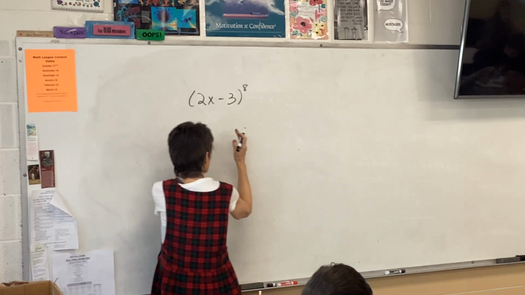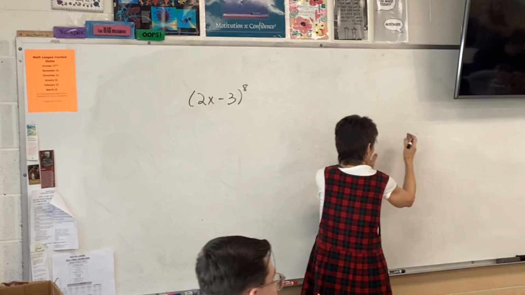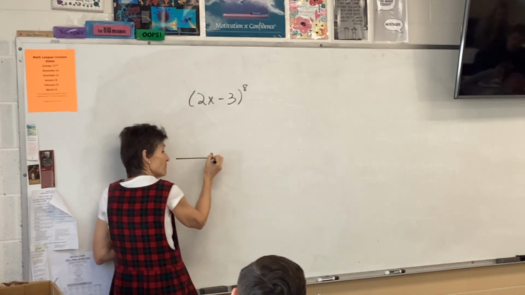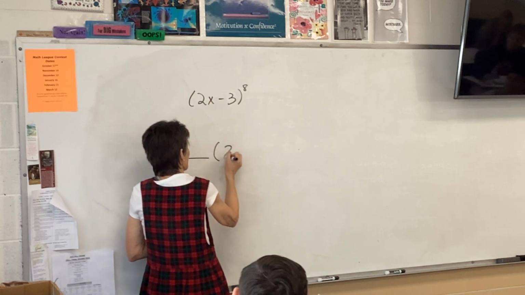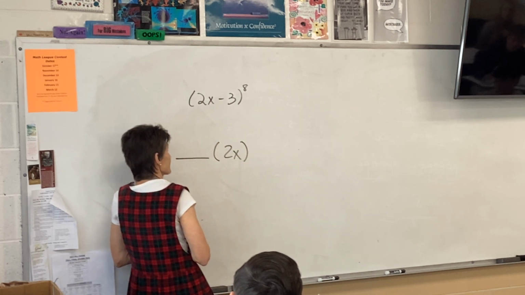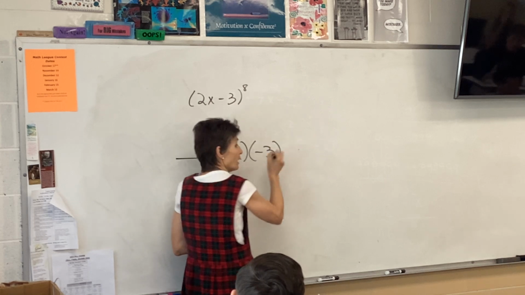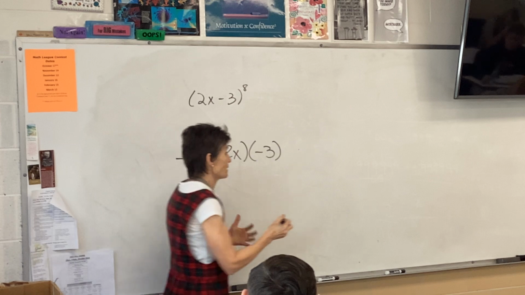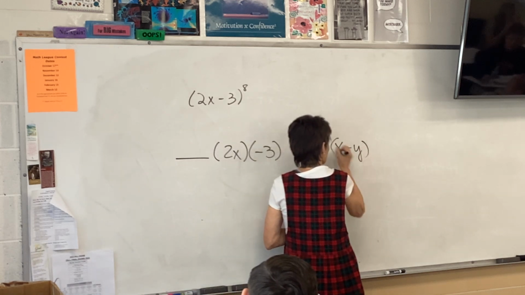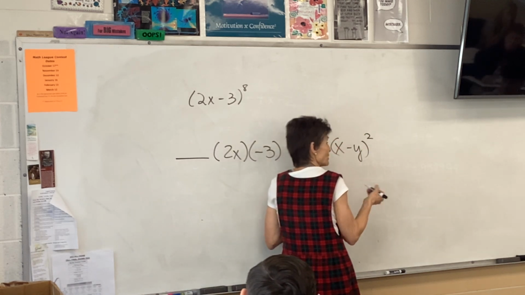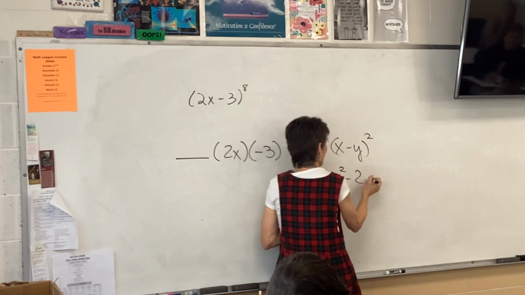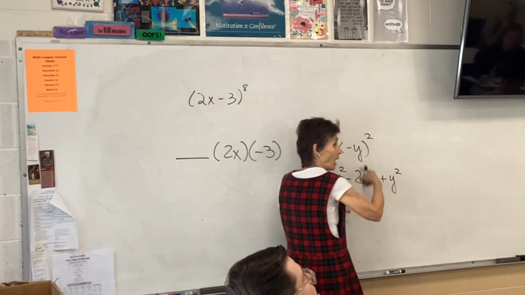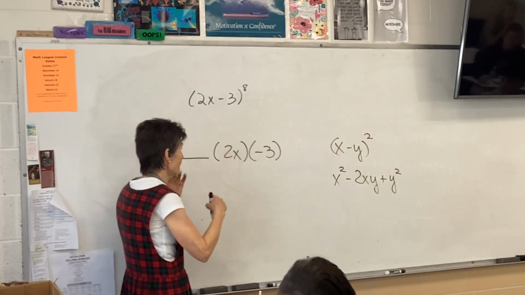But every term of this expansion, if we FOILed, would have a coefficient, a power of 2x, and a power of -3. Just like when you multiply (x - y) squared, every term has a coefficient, a power of x, and a power of y. That's what we're doing right here, okay?